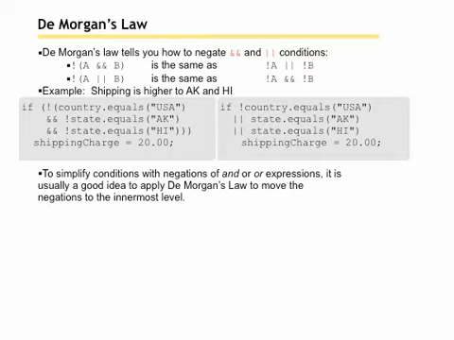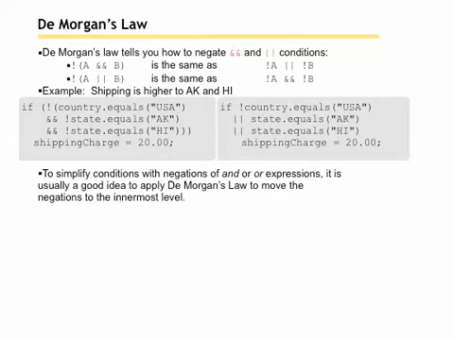We can use that in our favor when we are evaluating shipping charges, as you've seen before. I think that the expression if not country.equals USA and not state equals AK and not state equals Hawaii is a little bit more difficult for the human mind to follow.